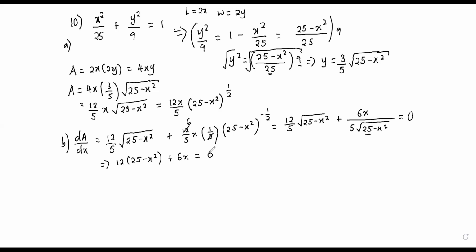Because as you multiply throughout, I'm now multiplying throughout by 5 root 25 minus x squared. So that 5 and the 5 down there will cancel, and the root will cancel, then the other part, the root, remains on the inside.